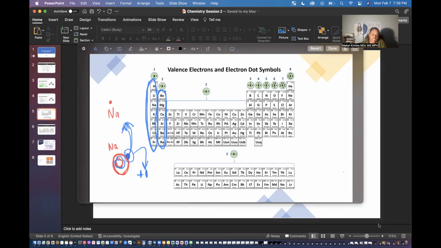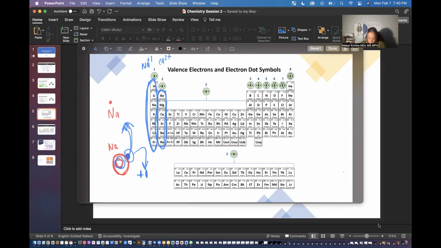It's easy for group 1A and the second column to lose that electron because it doesn't take much energy, right? So essentially you will see sodium 1+, and I know you've seen calcium 2+.